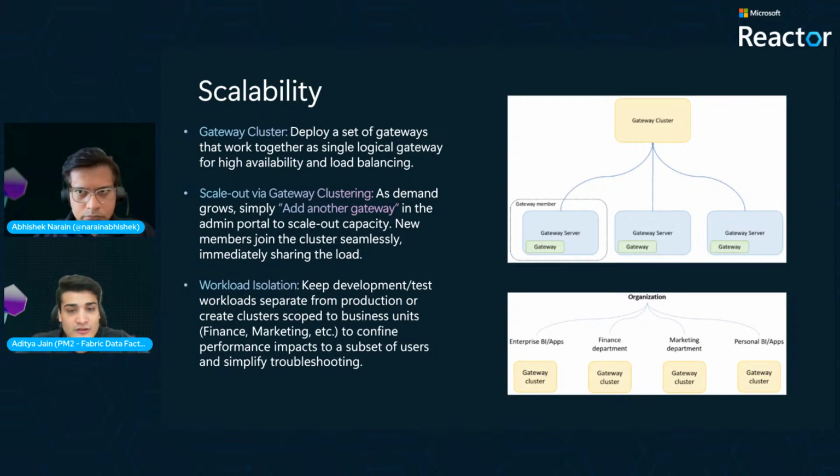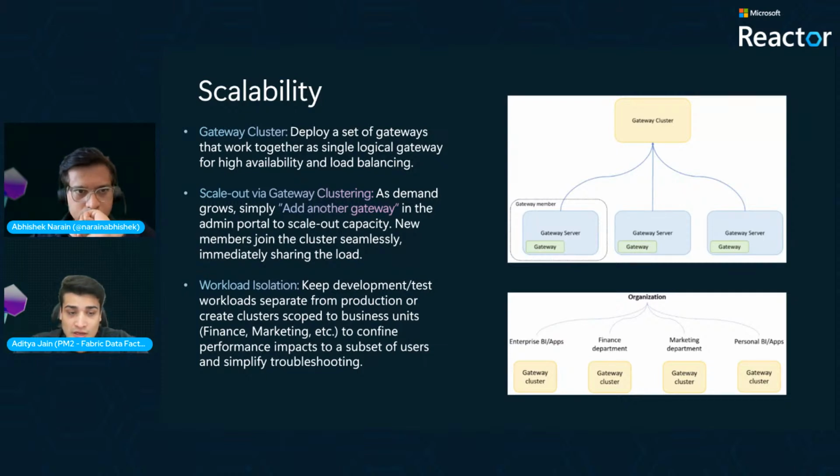You can easily add or remove nodes as your demand grows, all managed centrally through the cloud admin center on the server side. And to support better governance and performance isolation, you can also segment these gateway clusters. For example, you can keep dev test workloads separate by spinning up gateway clusters on each of these areas.